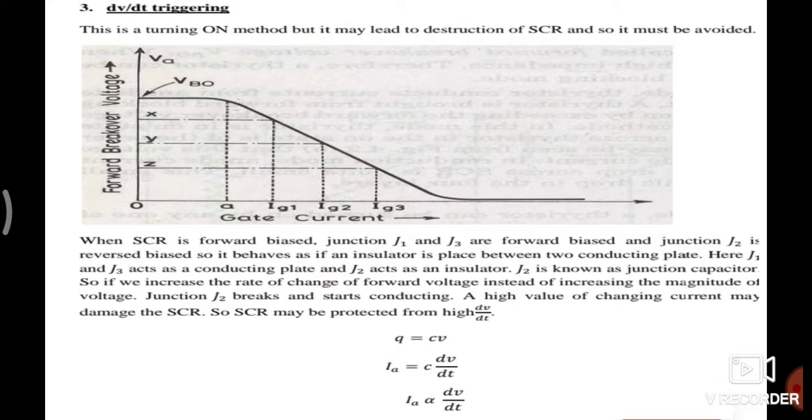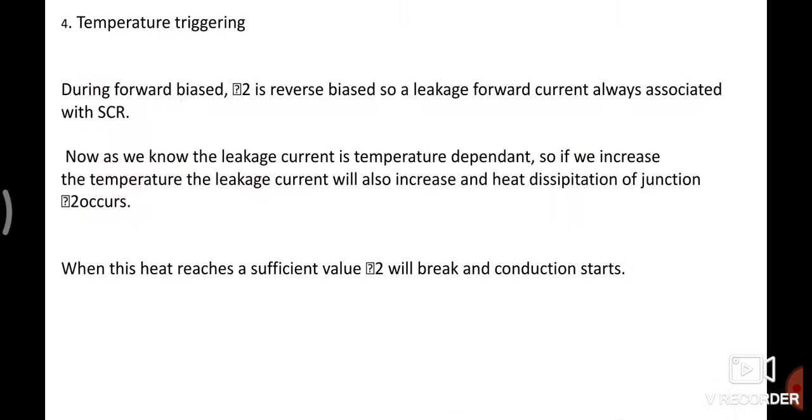So in dV/dt triggering, we are using fast application of dV/dt, that means the rate of change of forward voltage instead of increasing the magnitude. In temperature triggering, the concept we are using is leakage current. Leakage current mainly depends upon the temperature. So if you increase the temperature, the leakage current also increases.